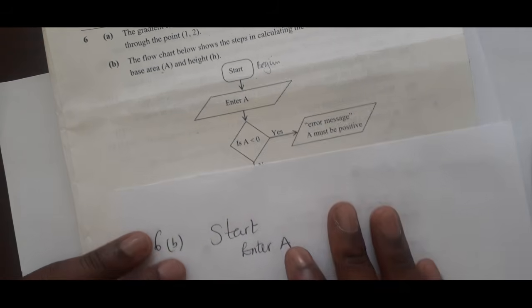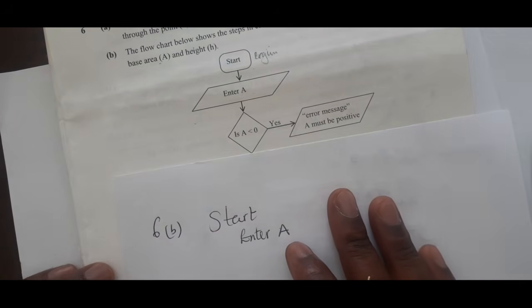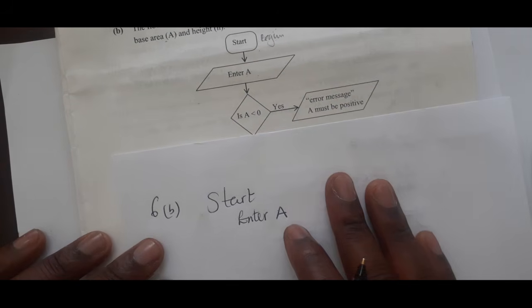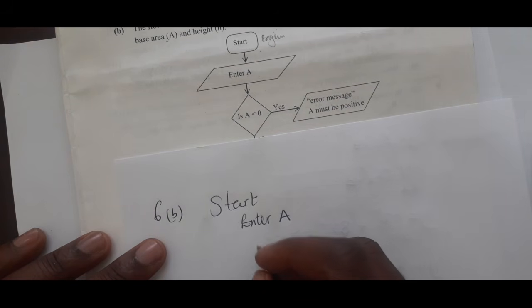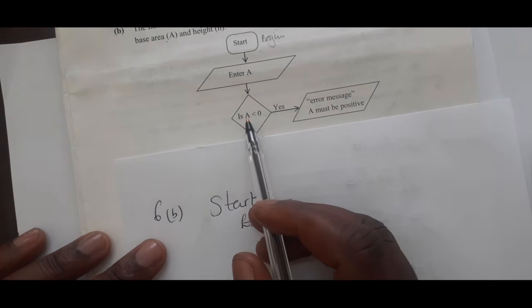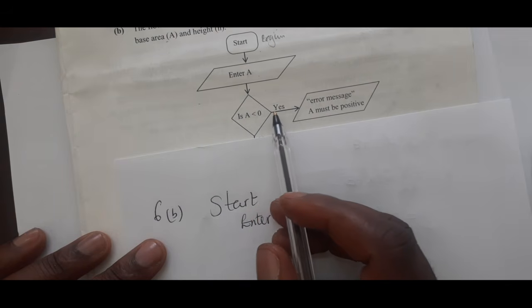Then we continue. Here, as you can see, we have a decision that has to be made. In our case, this is saying, is area less than 0?